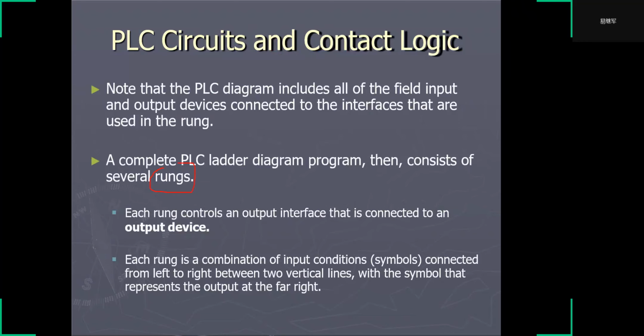Each run is a combination of input conditions or input symbols connected from left to right between two vertical lines, with the symbol that represents the output at the far right.